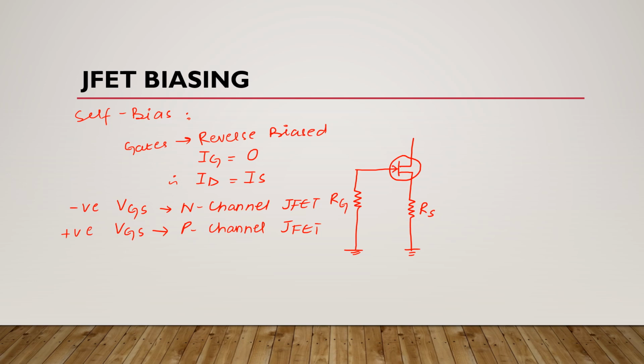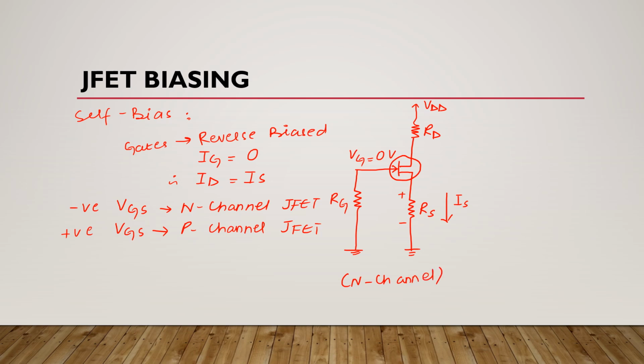Here the arrow is like this. Here we have VDD and this is the drain resistor. Okay. Now this is positive terminal, this is negative terminal, and here source current flows in this direction, and here this VG is 0 volts. Okay, so this is the self-bias arrangement of an N-channel JFET.